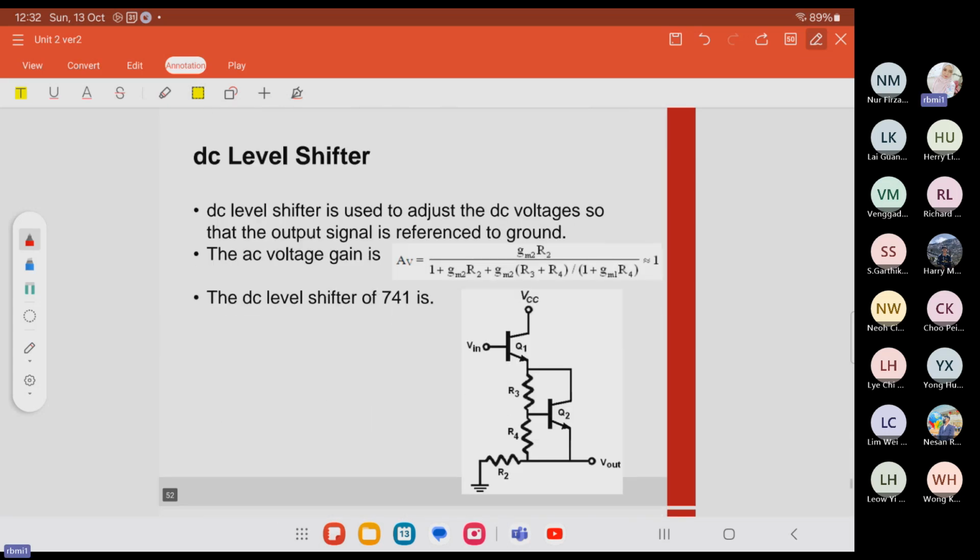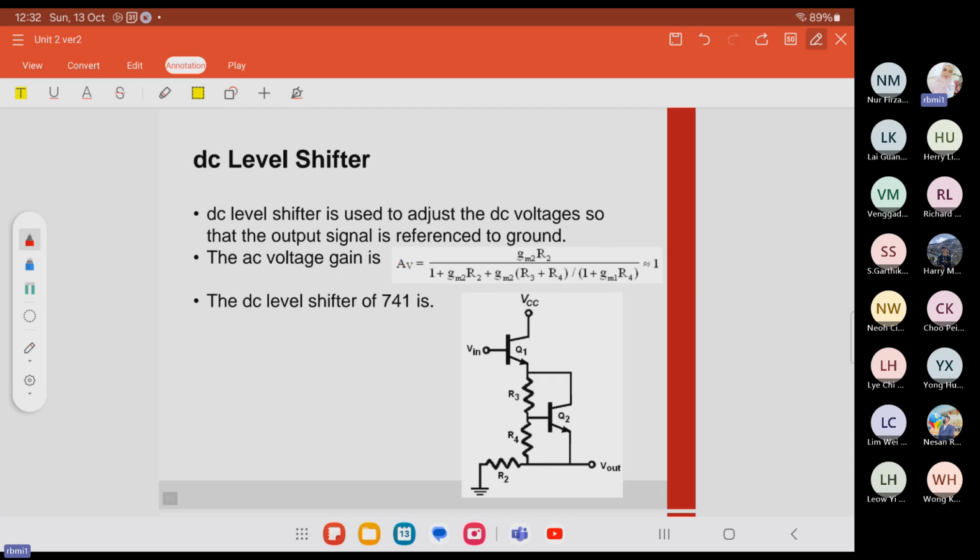Okay, next is the DC level shifter. Inside the block diagram just now is a level shifter. This is especially important for the output to be close to zero when there is no input signal, and as the input for the next stage.